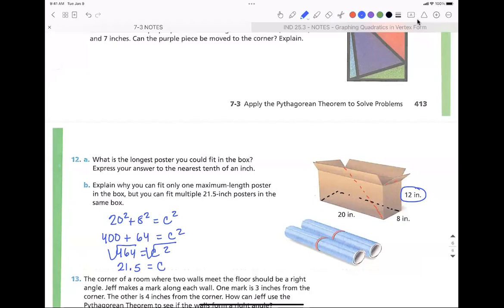So this answer right here starts out your problem with your first leg. Make sure you answer in inches. And I'm going to slide around and check your work. Good.